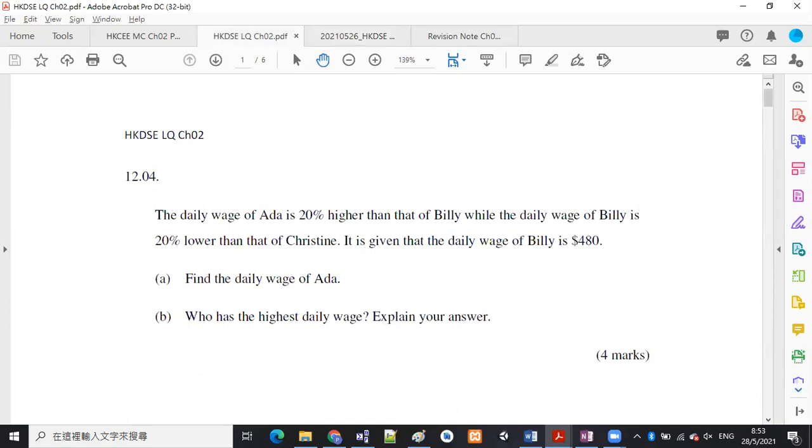So everyone should have one piece of revision notes on percentage. Those are the formulas about everything in this topic. And then one set of DSE past paper. The first 2 pages will be the long questions, and the last 2 pages should be the multiple choice questions. You have both of them.